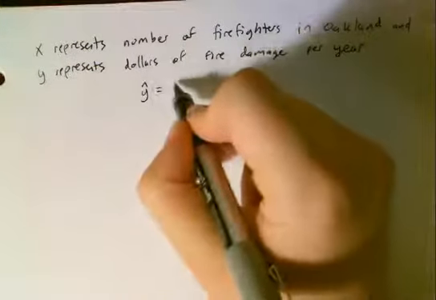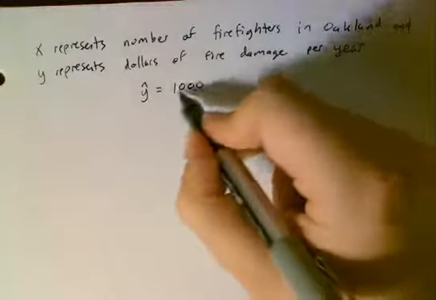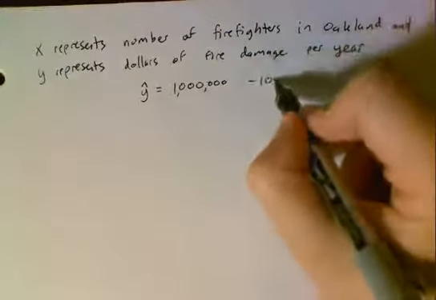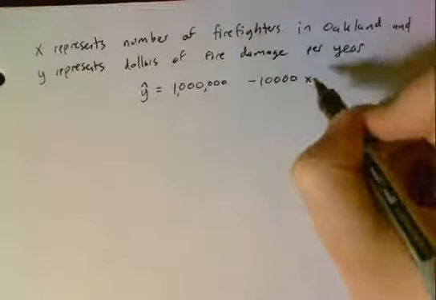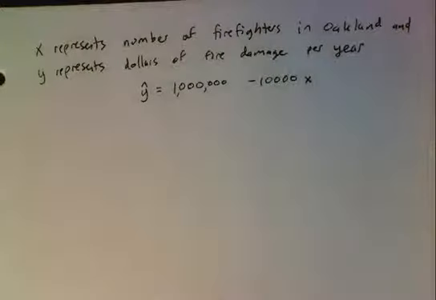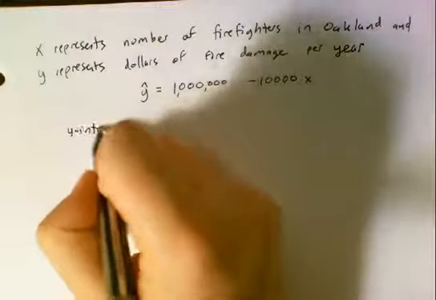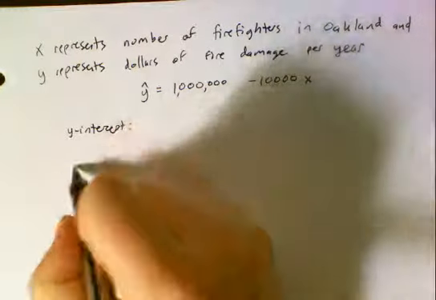Y hat is 1 million minus 10,000x. I'm just making up these numbers, but anyway, we'll work with this. So let's interpret the y-intercept and the slope.